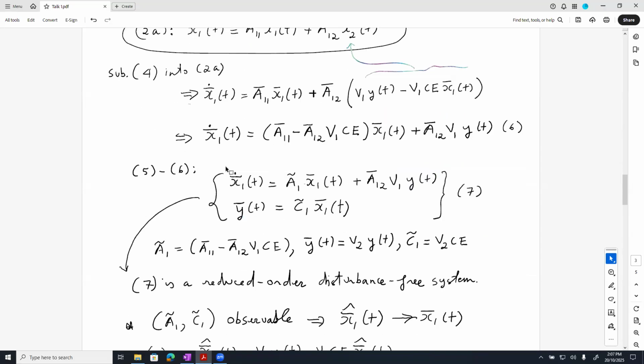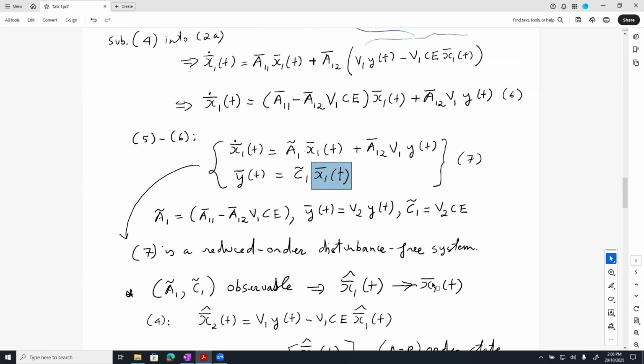So if we look at this equation, wow, it's just a disturbance-free system, or a non-input free system. And certainly with this reduced order system, we can easily design a reduced order Luenberger observer to estimate x1 bar of t.